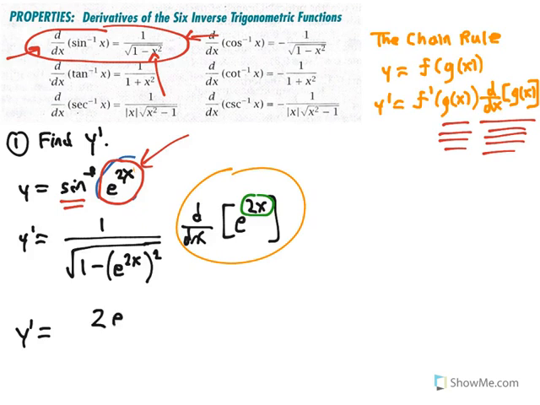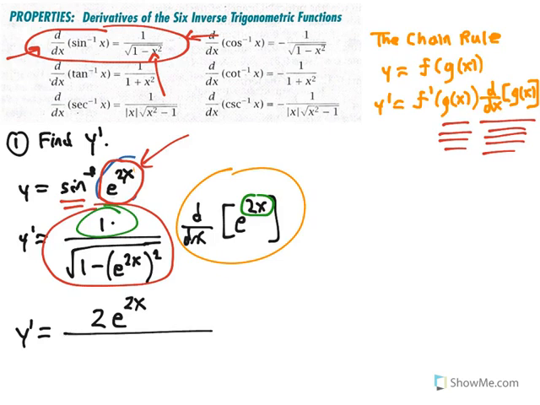So that gives you 2 times e to the 2x, and you can multiply what we have here by 2 times e to the 2x, which would make the numerator 1 times 2 times e to the 2x, which is 2 times e to the 2x. And in the denominator we have the square root of 1 minus e to the 2x squared.